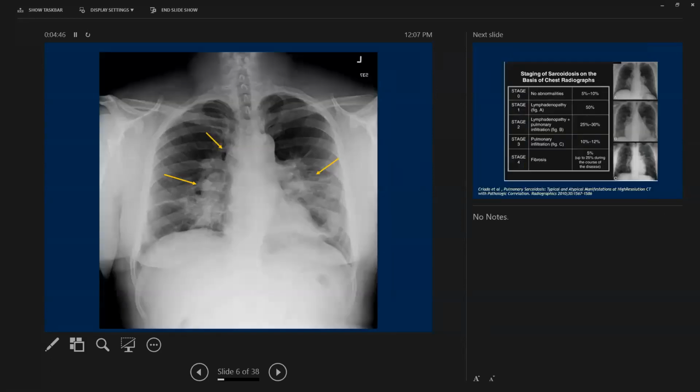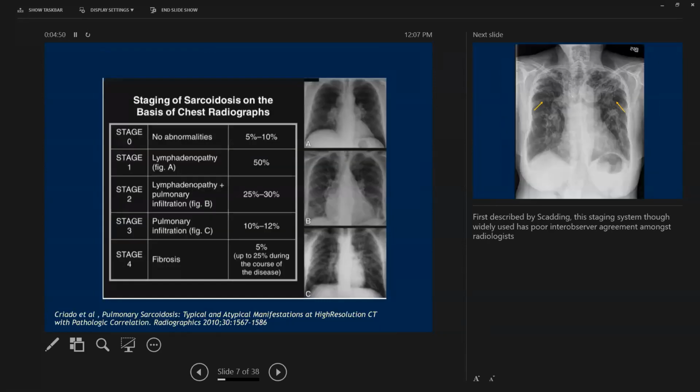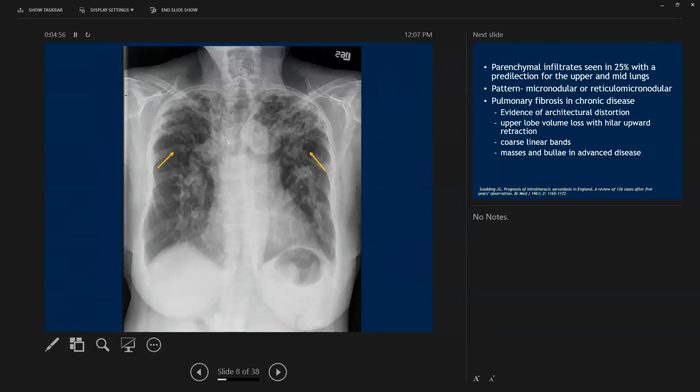So this example, which I just showed you, would technically be a stage 2 disease because it has both lymphadenopathy and pulmonary infiltrates. And this example I'm just showing you is essentially stage 4 disease. I can't appreciate the nodal abnormalities significantly, but you can see the quite marked fibrotic changes. Here you can see this upper lung and mid lung predominant disease.